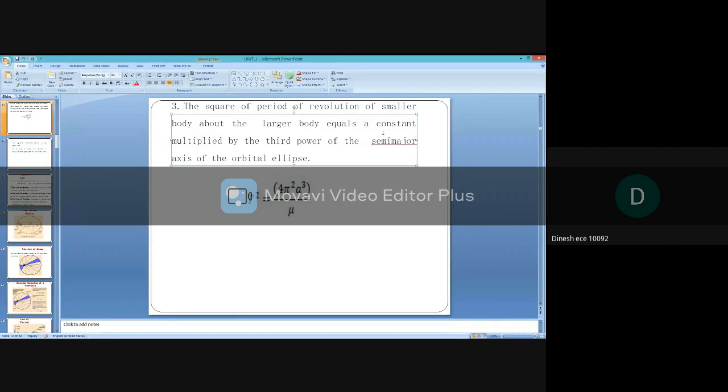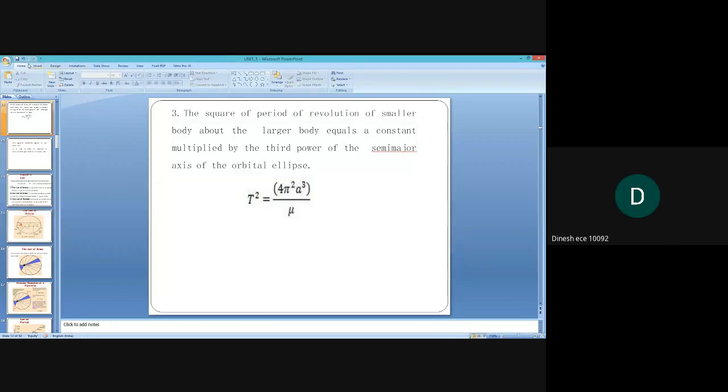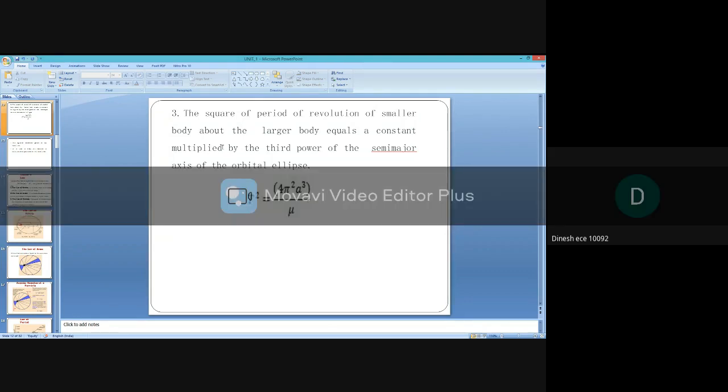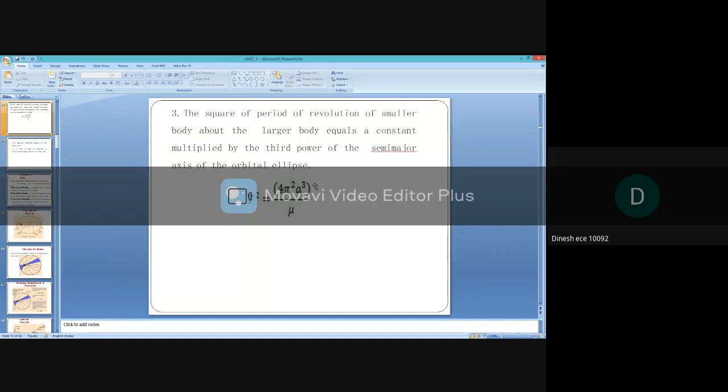The third law is that the square of the period of revolution of a smaller body about the larger body equals a constant multiplied by the third power of the semi-major axis of the orbital ellipse, given by the formula T squared equals 4 pi squared a cubed divided by mu, where a is the semi-major axis of the orbital ellipse.